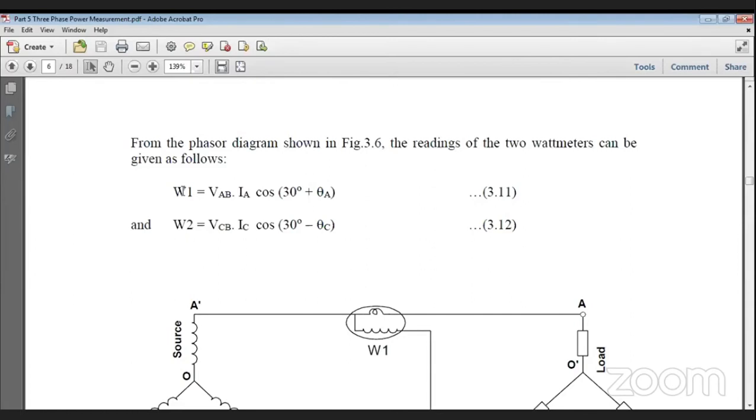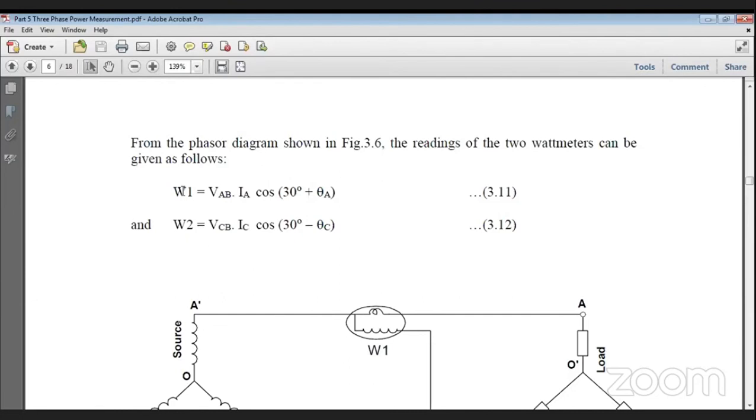So therefore, we always say in the 2 wattmeter method that there is a very clear-cut transition. That means if the power factor varies, there are clear-cut zones. In one zone, both the wattmeter readings are positive, and what is that zone? That is if the power factor is greater than 0.5.